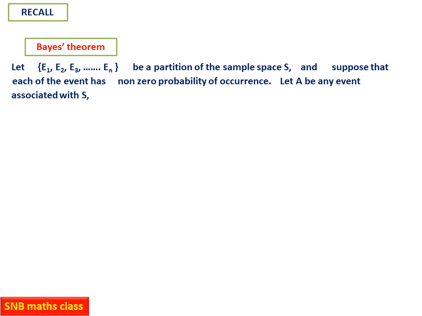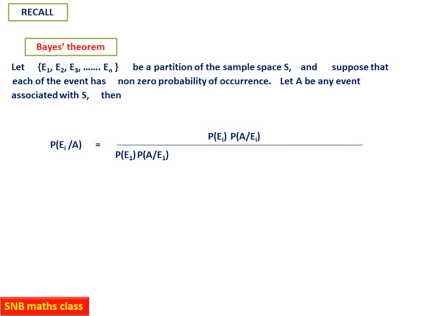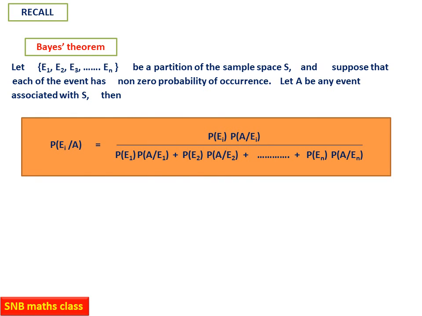Let A be any event associated with S. Then this is the formula: probability of Ei given A equals probability Ei into probability A given Ei, divided by probability E1 into probability A given E1, plus probability E2 into probability A given E2, etc., and the last, probability En into probability A given En. So this is the formula we have to remember.